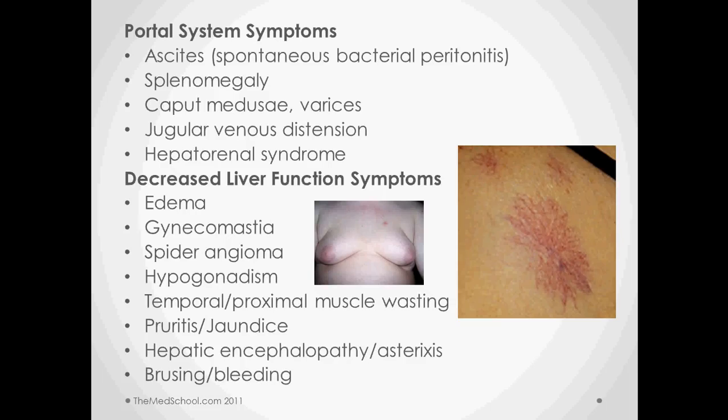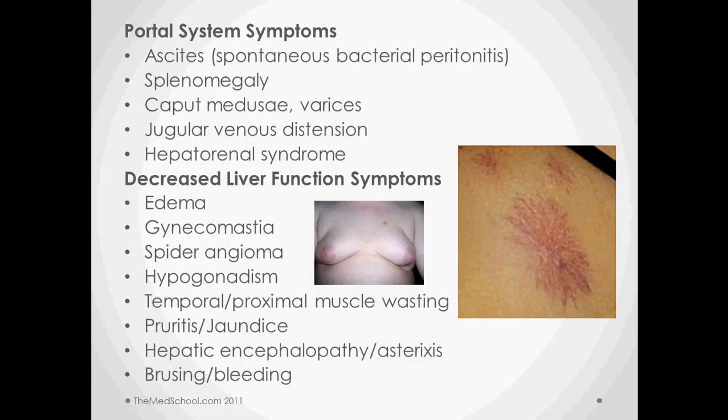So if the blood is backing up, then you get ascites from the extra backup of pressure. Ascites is also related to the decreased liver function that we'll talk about here in a second.